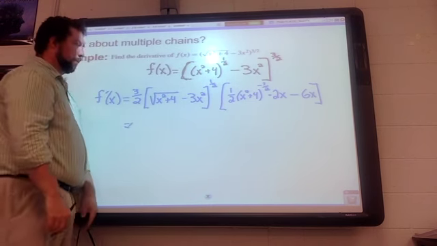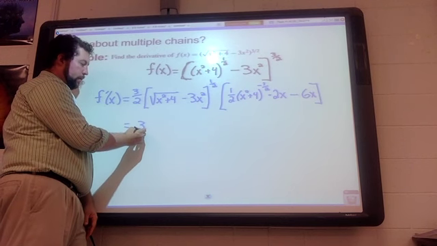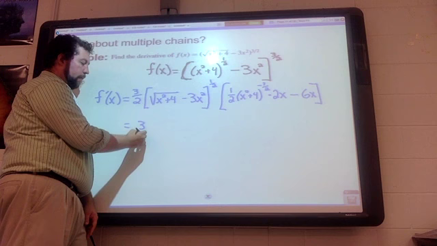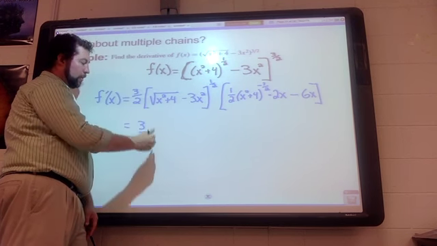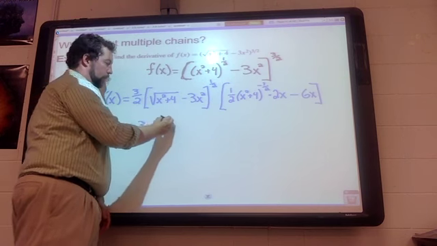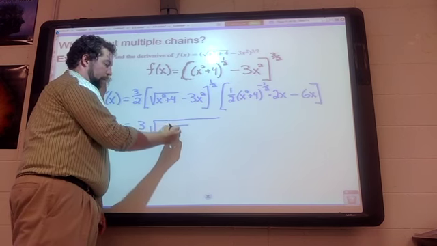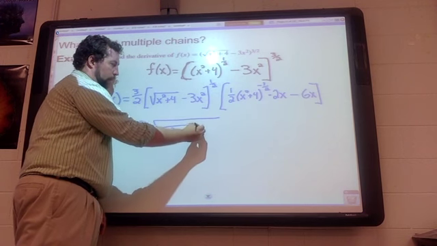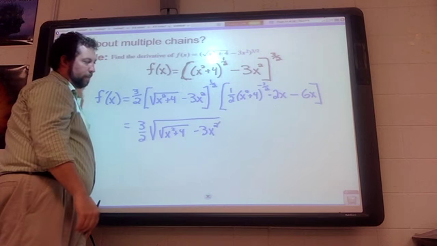That might be enough, but let me go ahead and simplify it all I can. We got 3 halves times the square root of x squared plus 4 minus 3x squared, since the whole thing is raised to the 1/2 power. That might not look prettier.